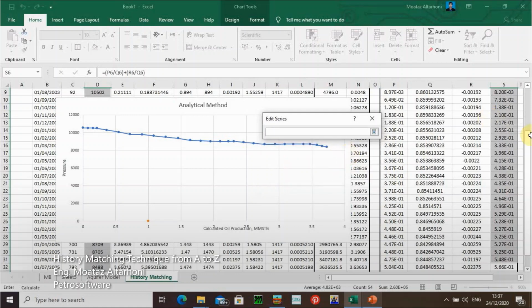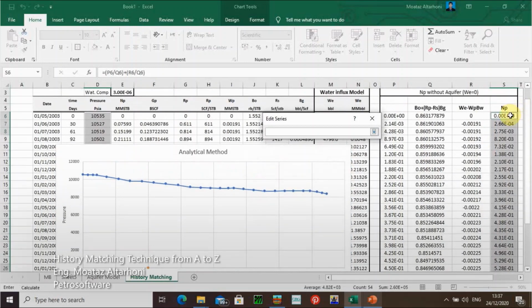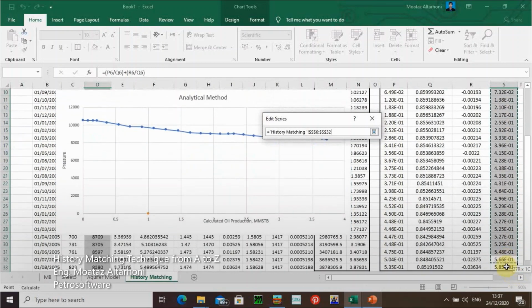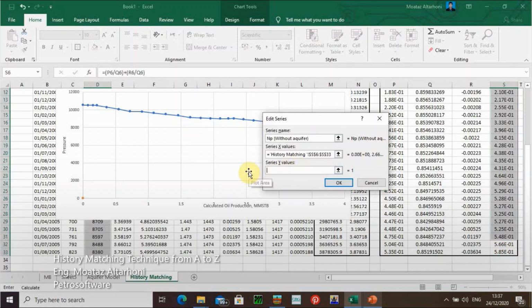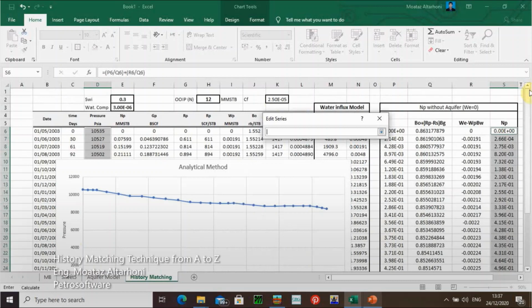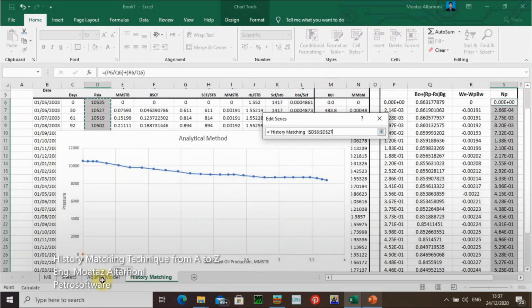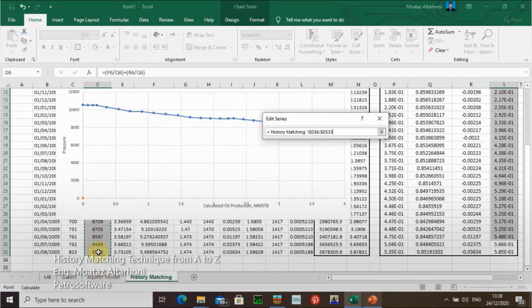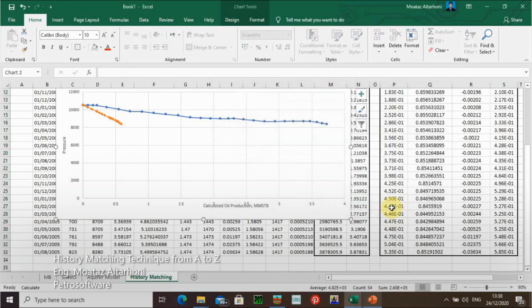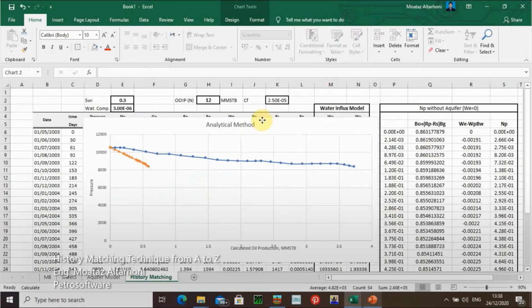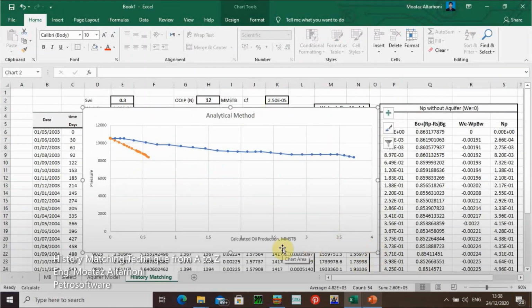What's in the X? Cumulative oil. This is the history matching like in Petrosoftware. So I assume no water influx and the pressure measurements. What's happened here? There is no match between the two curves.